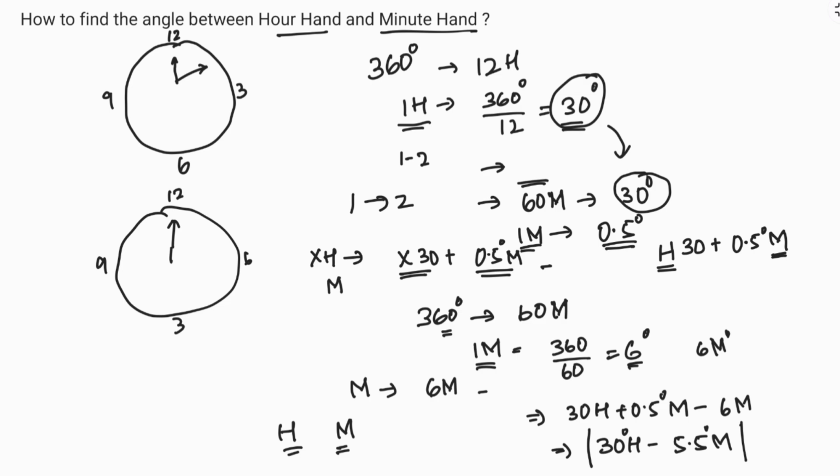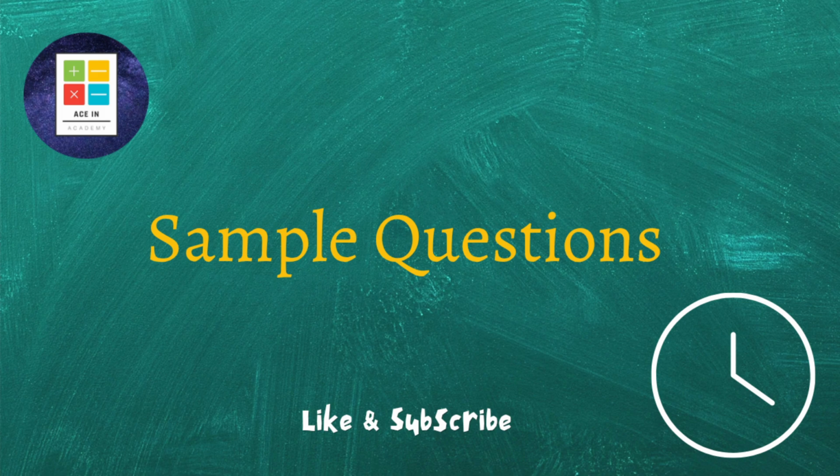So let's find out how we'll calculate the values using this formula. Let's take our first example. What is the angle between the hour hand and the minute hand when the time is 7:30? So we have got the formula. It is modulus of 30h minus 5.5m.